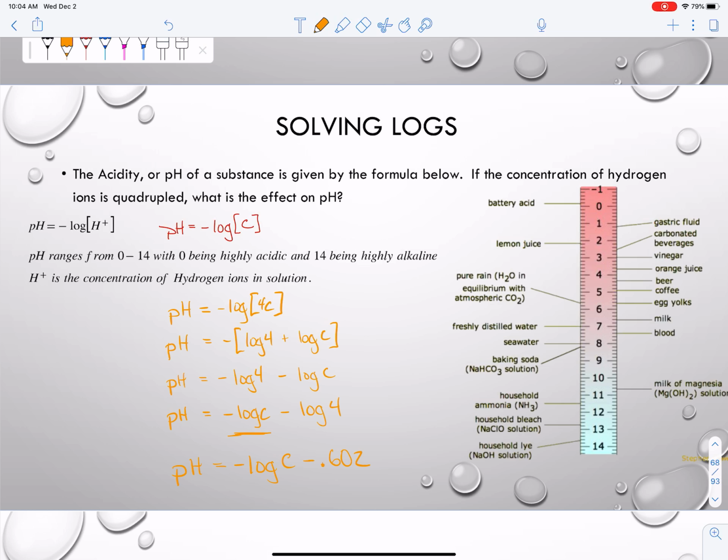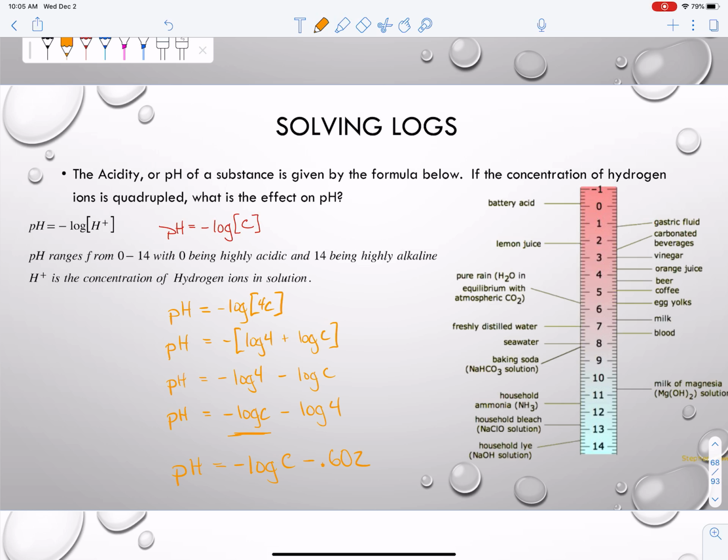The reason for that is much like the Richter scale for earthquakes. That's also logarithmic based, such that to lower the pH, or increase the acidity, by 1 pH marker, to go from a pH of 4 to a pH of 3, the pH of 3 is 10 times more acidic, or has 10 times the concentration.